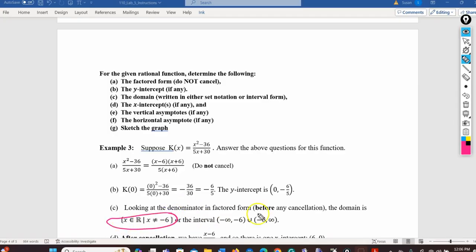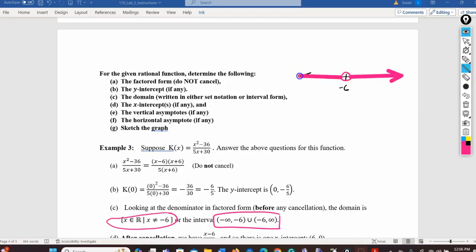So that's in set notation, but more often than not, in WebWork and in the multiple choice selections on finals, you're asked to give it in interval form. So on the number line, x is not allowed to be -6, but it can be anything else.